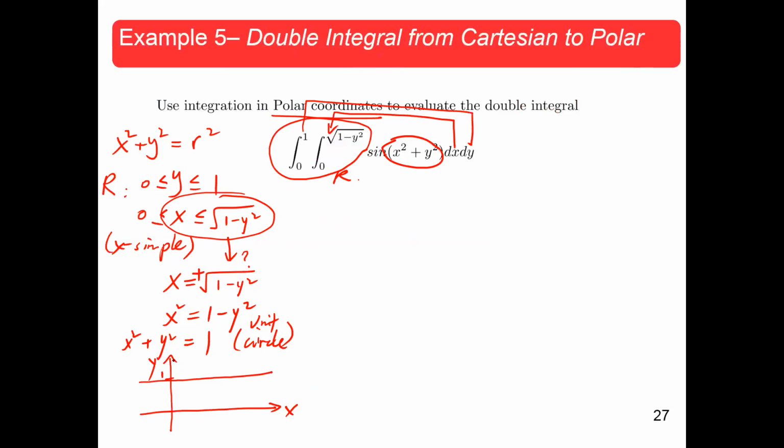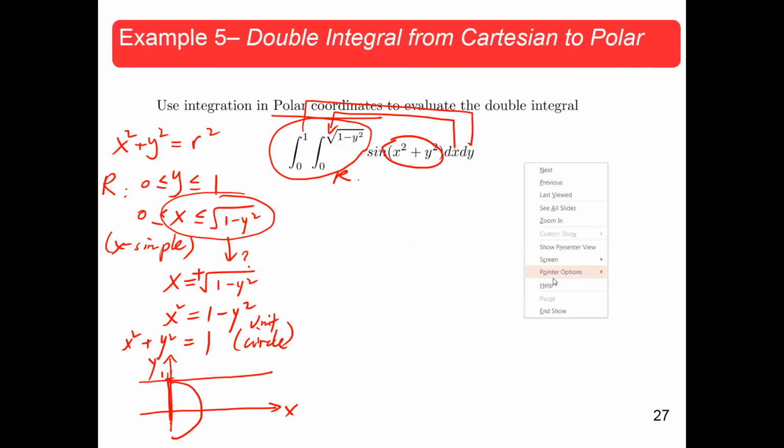My x starts from 0, which is going to be this line, and ends at the root of 1 minus y squared, which we know is from the unit circle. Do you see the region R?